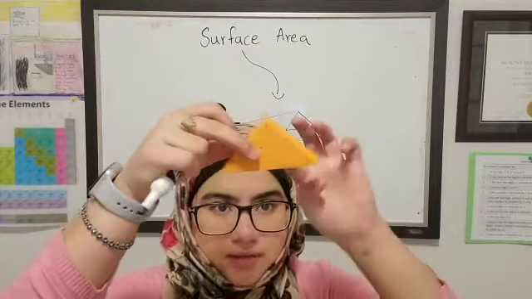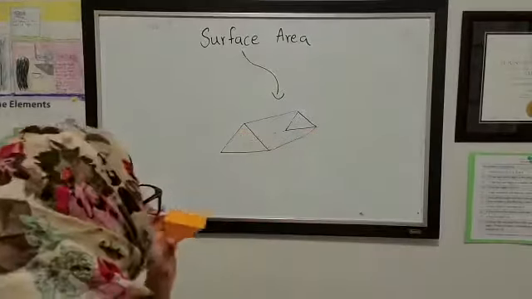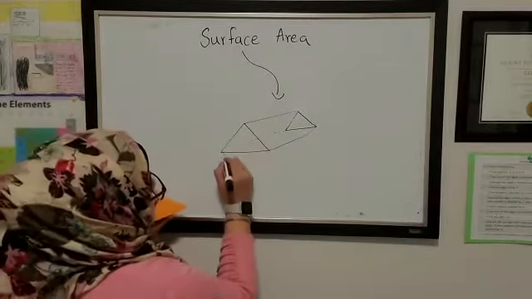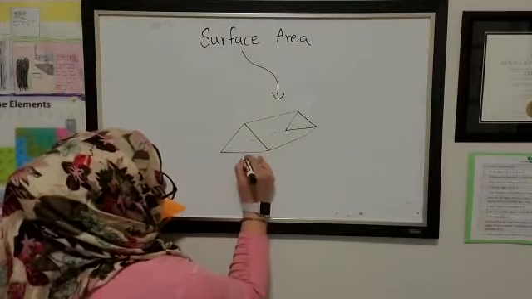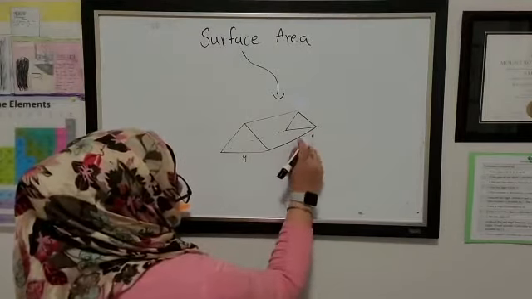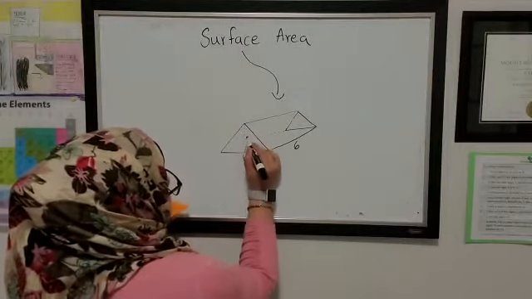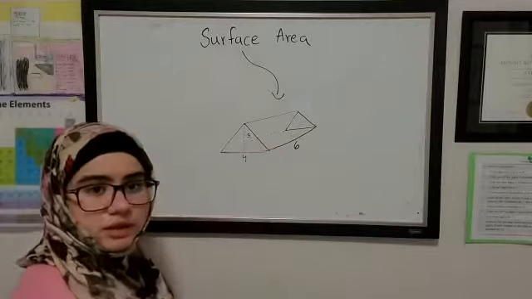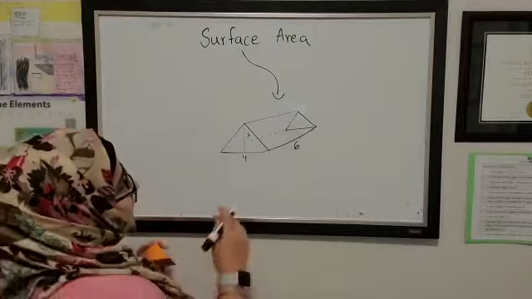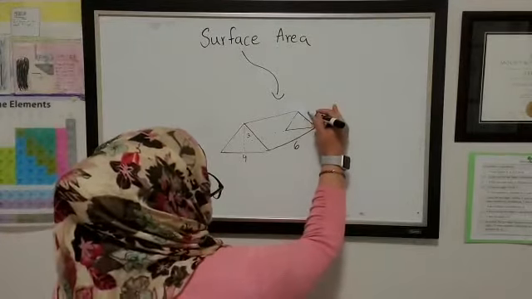This one is different, and the front and the back are identical for the triangular prism. Imagine this side of the triangle is 4, this side is 6, and the height of the triangle is 3. This slanted side, let's take as 5.